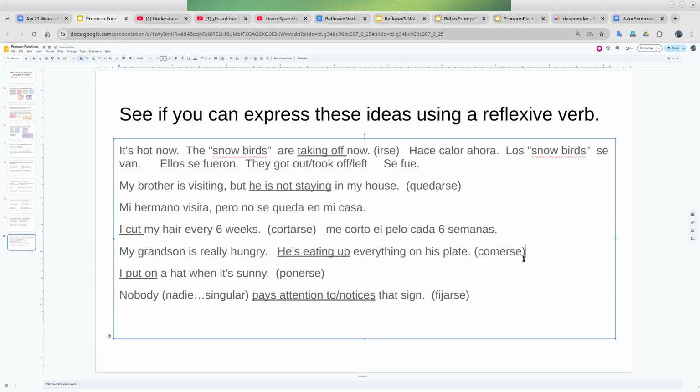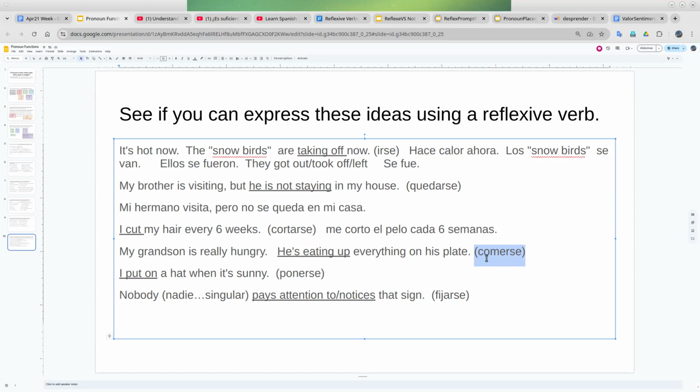Vale, bueno. Even something that sounds kind of innocent, comerse. You don't eat yourself. That does not happen. It makes no sense. But the definition of that verb is altered somewhat by the se. And the idea is like eat up, like eat it quickly.